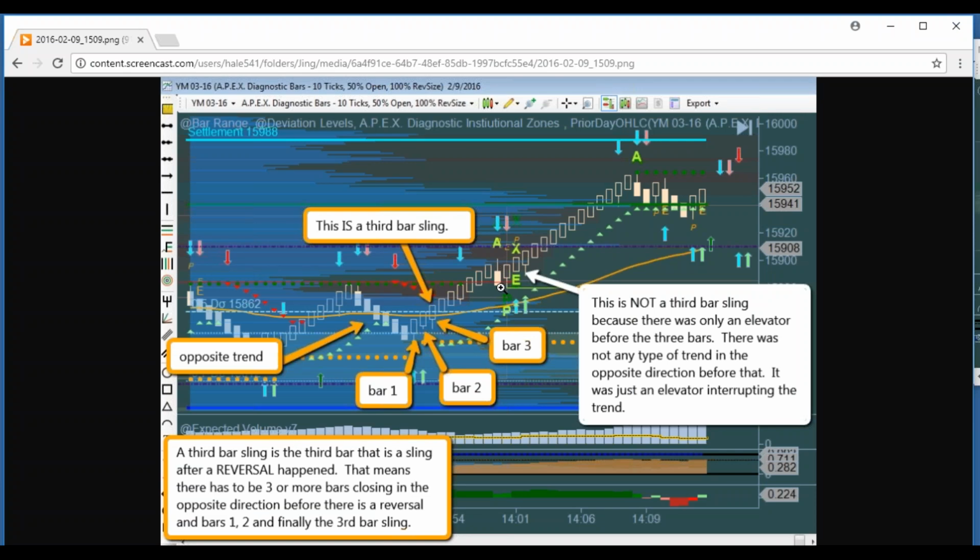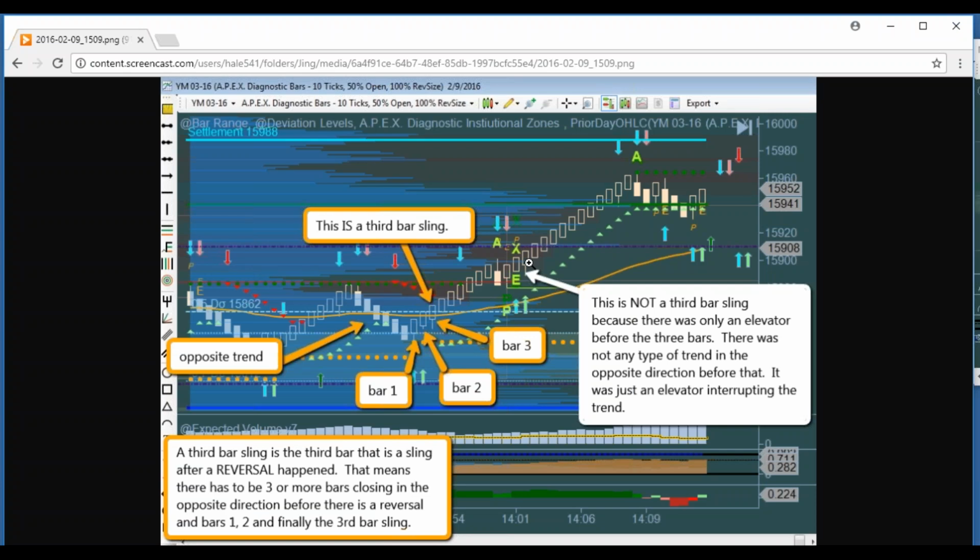So if we had this down closed bar, another down closed bar, another down closed bar, then this bar and this bar, that would have qualified. Does that make sense? Because all that is an elevator there. That's just 1 bar down. This is an uptrend, and in that uptrend, we had one bar closed down, and then the next bar closed up. That's what we call an elevator. We'll talk about those in a second. So we have regular slings, and then we have third bar slings.